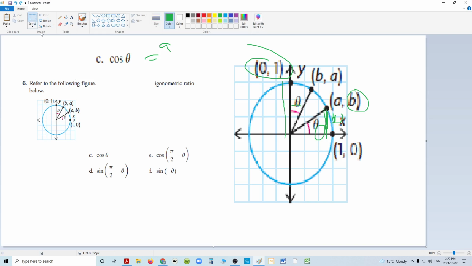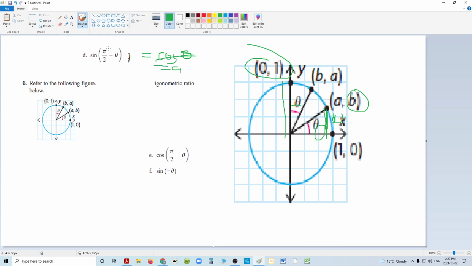What about this? Well, this is one of those identities. Sine of pi over 2 minus theta is the same as cos theta, which just means what's the complementary angle of this? It's the same as the cos of that, and that just means that I need to use cos again, which we already discovered was a.